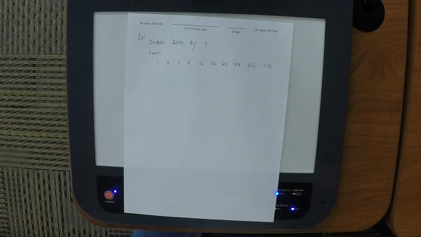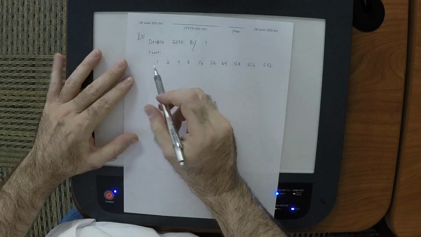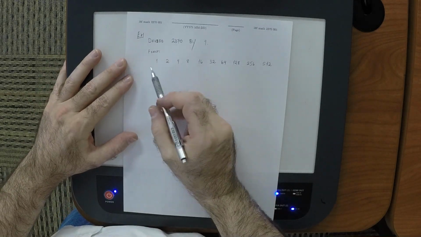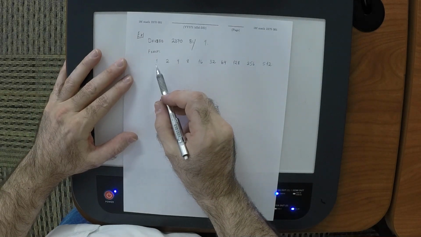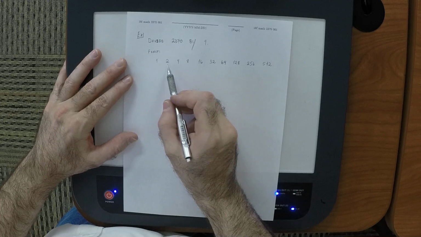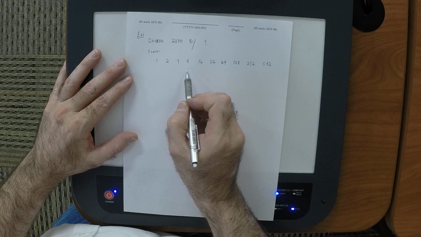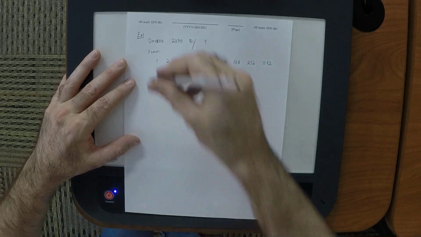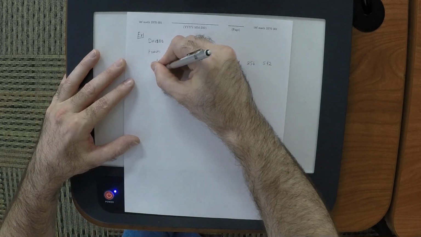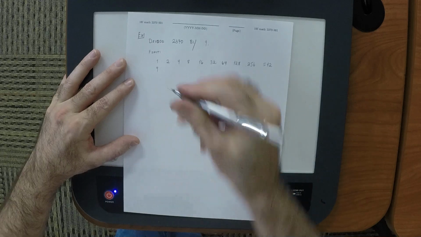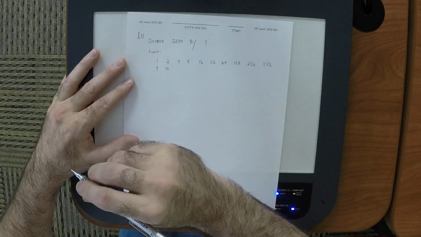Okay, so now what we're asking is that because we're dividing by 9, can we take away this many 9s, or that many 9s, or that many 9s, etc. So we're asking, can we take away 9? Yeah. Can we take away 18? Yeah.